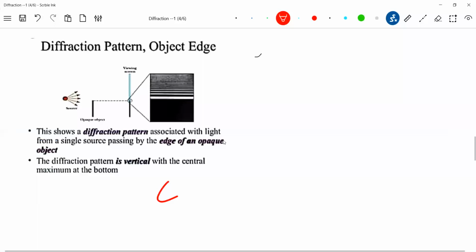Here there's an opaque object. Keep it here, with a source of light. Nowadays we have mobiles, no? Switch on the LED torch light of the mobile. Focus it here. Then keep a screen, or make it still more practical, use the wall as the screen.